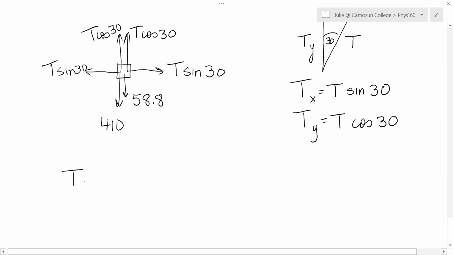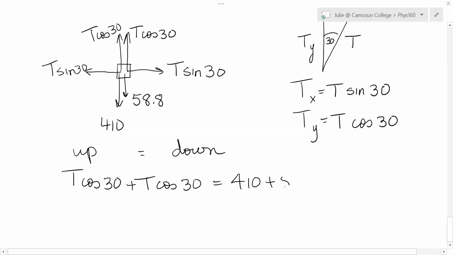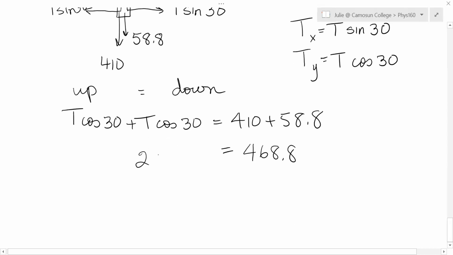So we have T cos 30, so this is just up equals down, plus another T cos 30, must equal 410 plus 58.8, which is 468.8. This is 2T cos 30.